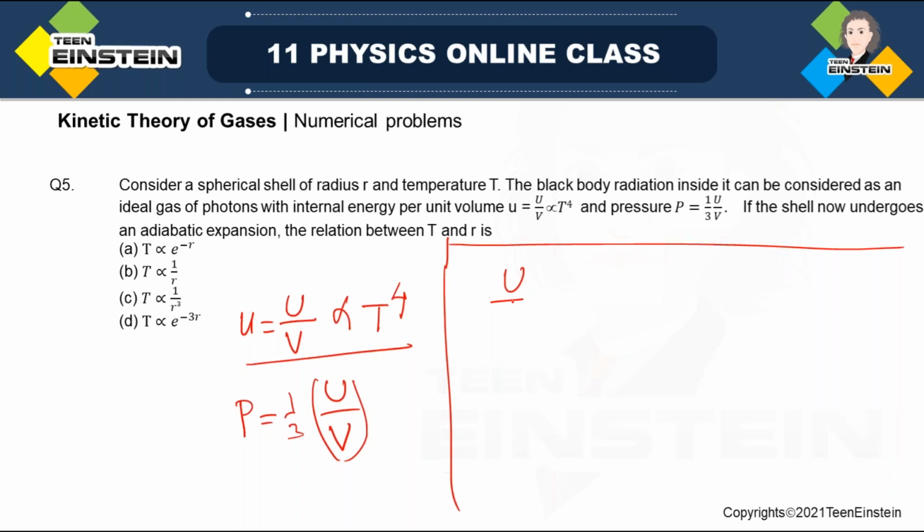Now if I write P equal to the given term, 1/3 U by V, we have to find the relation with R, where small r is the radius of the spherical cell. So we have to bring this into the picture. How to do that?